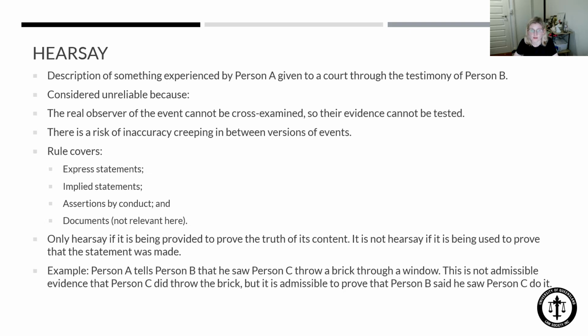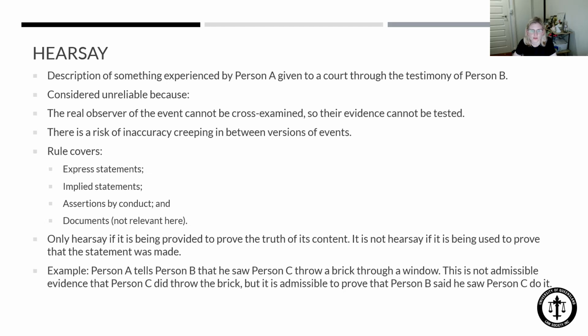It may be the case that they were misguided, or that they didn't in fact see something, or they got their dates wrong, or the descriptions are all over the place. And it may be that person B has just misinterpreted what person A has said, or certain things have been implied, and person B has filled in the gaps, etc. So that's why it's not helpful, and that's why it's not admissible.